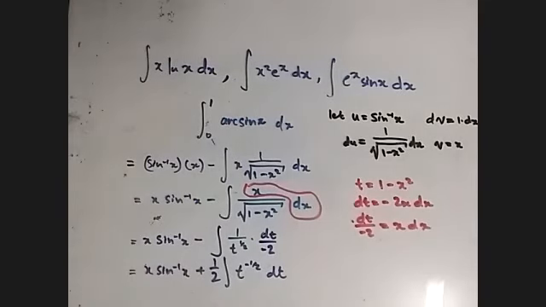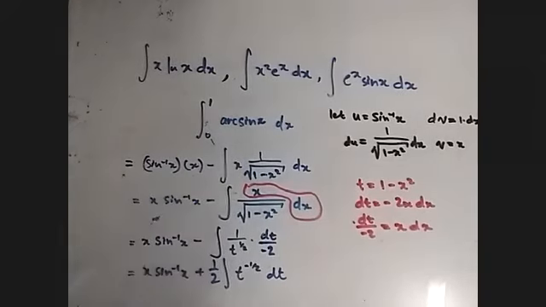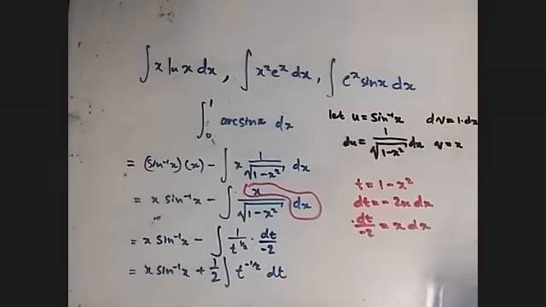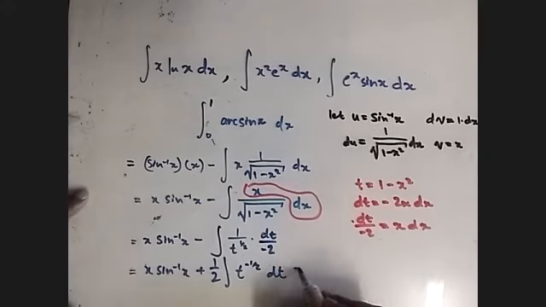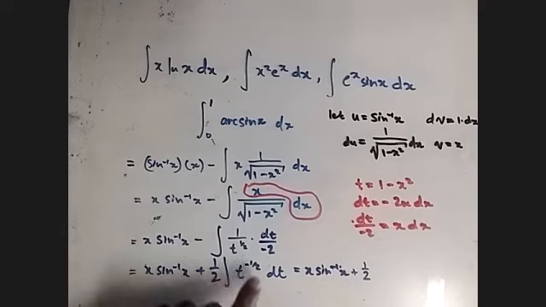Okay, so what's going to happen is now we are going to integrate this part. Then what we're going to get is x sine x plus 1/2. Now, what is the integral of this?